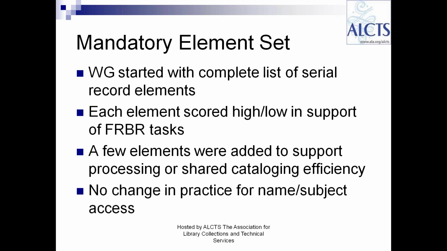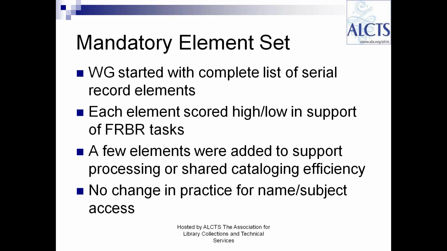We made no change and addressed no changes in terms of name or subject access. Because it was the access level record, there was a perception that one of the failures of the core level record, which had come before this, was the fact that there was a limit on the number of subject headings.